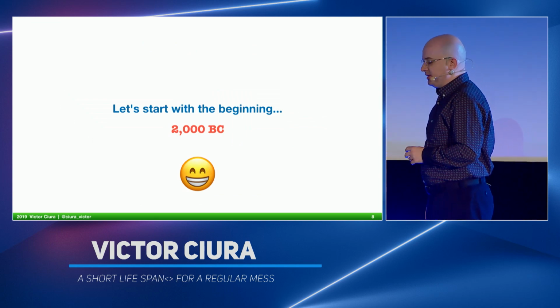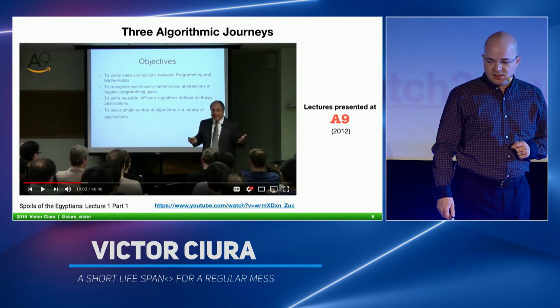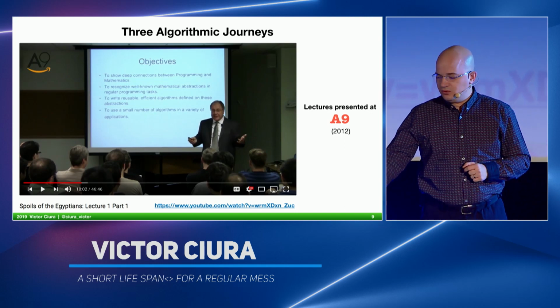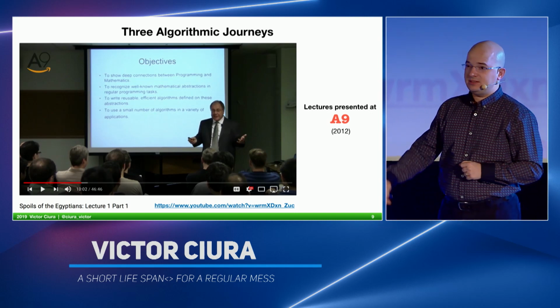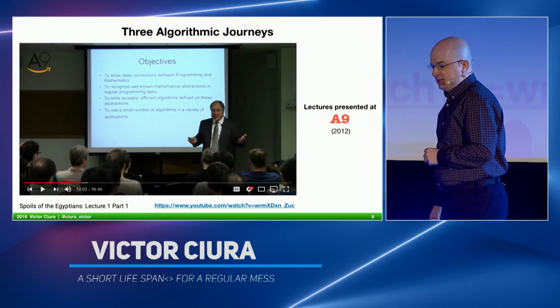But let's start with the beginning, like 2,000 years BC. We're going to take an algorithmic journey, and I do recommend this fantastic series of lectures by Alexander Stepanov that he gave at A9.